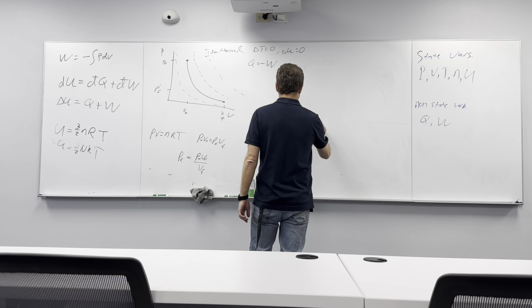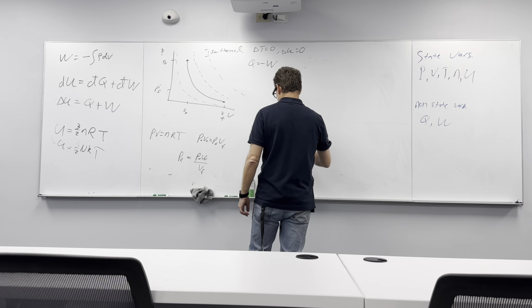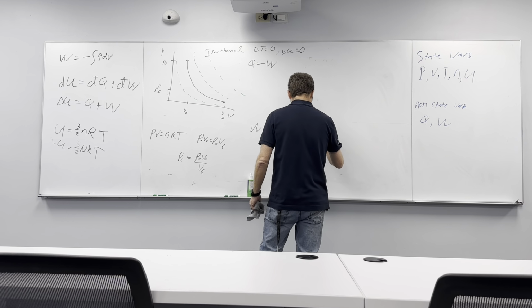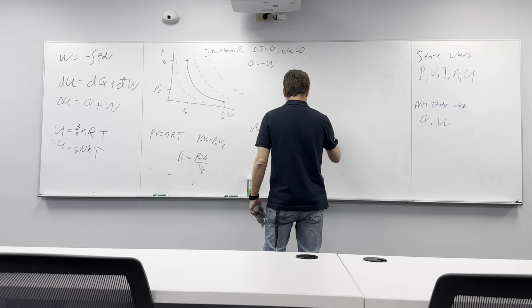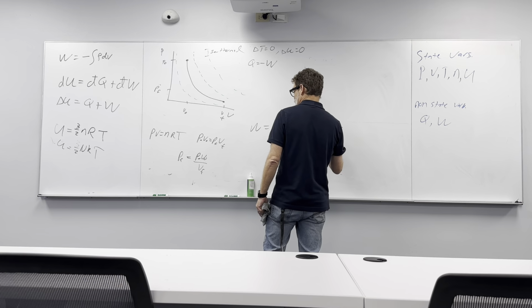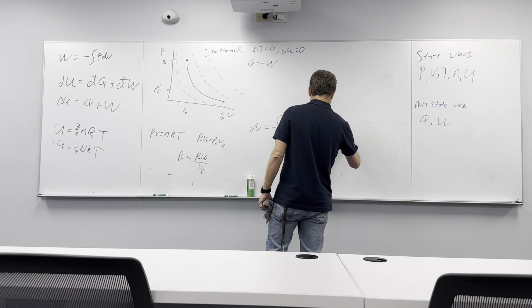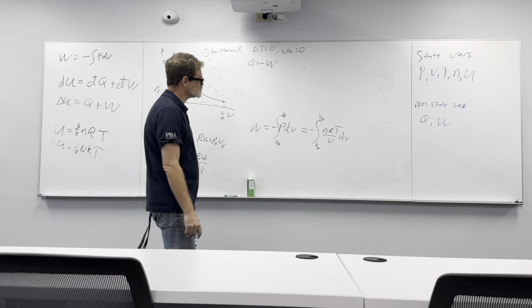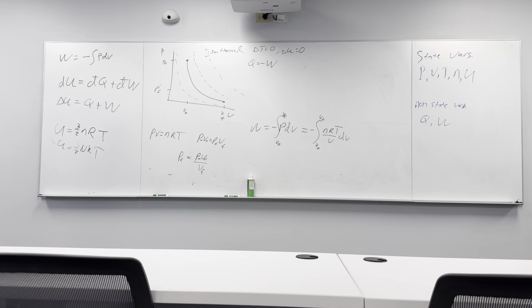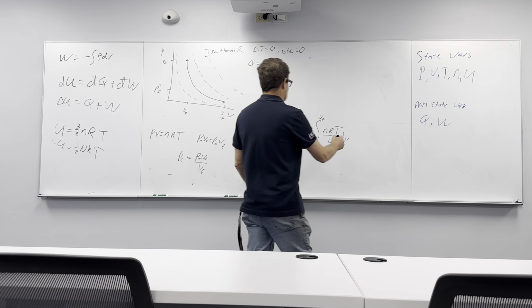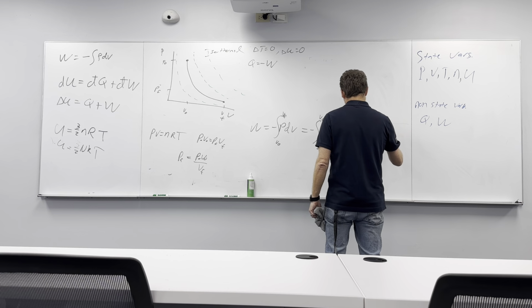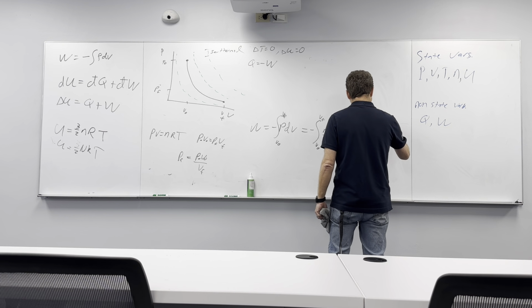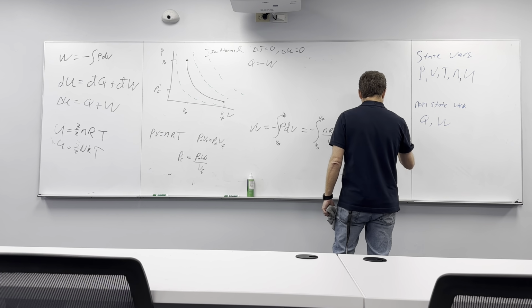I get minus the integral from V naught to V final of P, which is nRT over V, times dV. I can pull out the nRT: minus nRT times the integral from V naught to V final of dV over V.